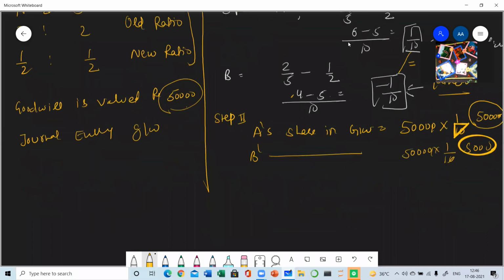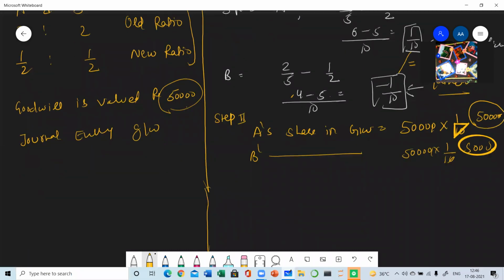Now the last step, pass the journal entry. Step 3. So what journal entry did I tell you? Gainer partner's capital account debit to sacrificing partner's capital account. But before passing the entry, you need to understand the language given in the question. Before passing any entry in partnership, you have to consider whether the capital is fixed or fluctuating.